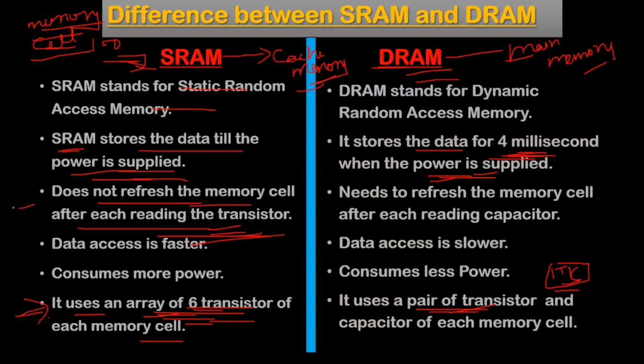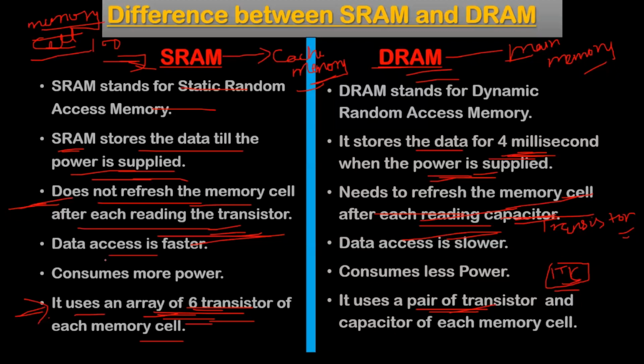So the transistor reading means it will not refresh the memory cell. And in DRAM, it needs to refresh the memory cell after each reading of the transistor. Right? Here it could also be a transistor. So in this DRAM, it needs to refresh the memory cell after each reading of the transistor.